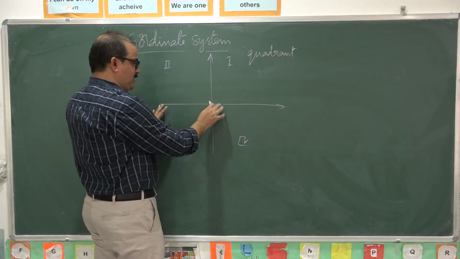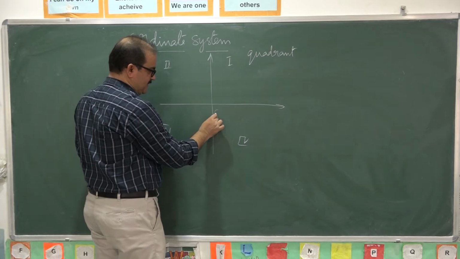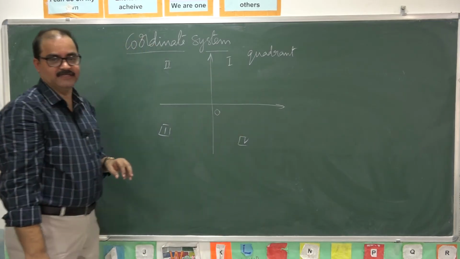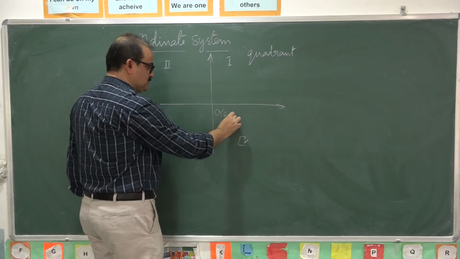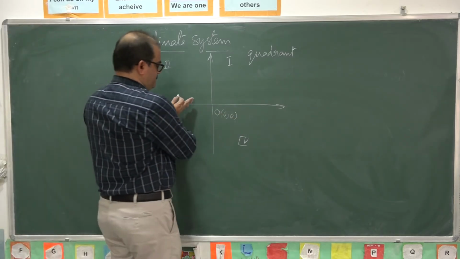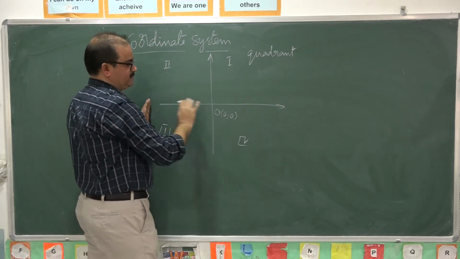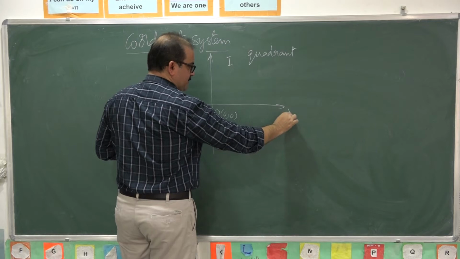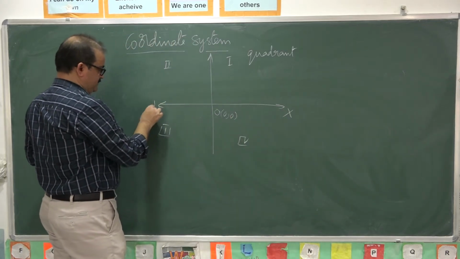Now the point of intersection of these two perpendicular lines is taken as origin. The coordinates of origin are 0, 0. This line is called horizontal line, and we represent it by X, O, X dash.